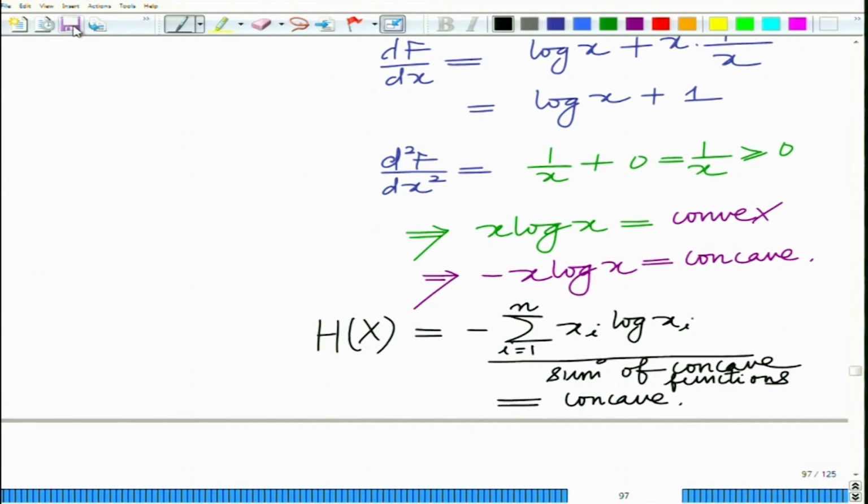So, the entropy is the sum of concave functions, and therefore this is in turn concave, and therefore one can maximize the entropy, thus maximizing the average information of the given source. All right. So, we will stop here and continue in the subsequent modules. Thank you very much.